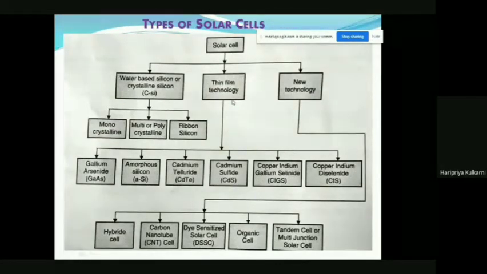Now going into details with wafer-based silicon or crystalline silicon, the first is monocrystalline. As the name indicates, mono means what? One. So there is one dominant silicon technology having a single crystal structure. The dimension of a crystal is fixed, and similarly multiple crystals are connected together to form a monocrystalline structure. Now multicrystalline, the second type. Multi means what?